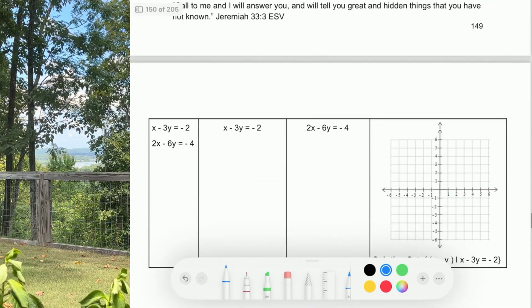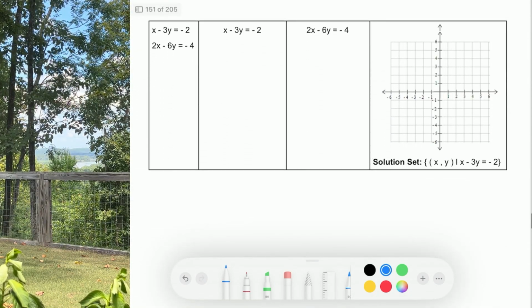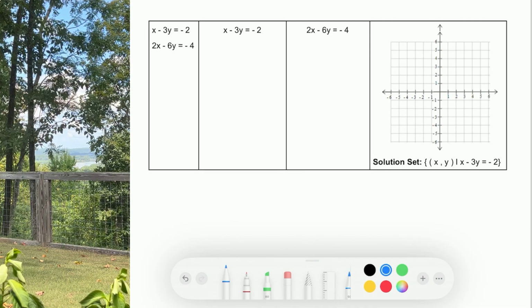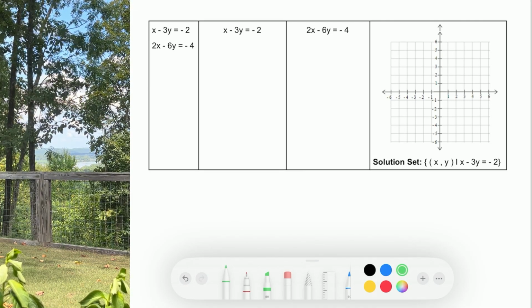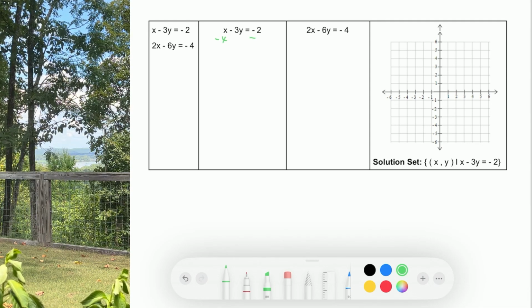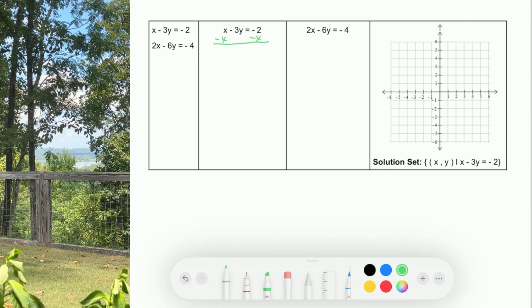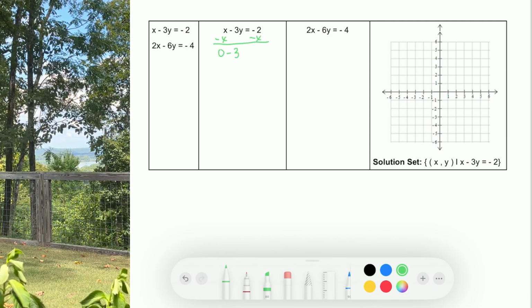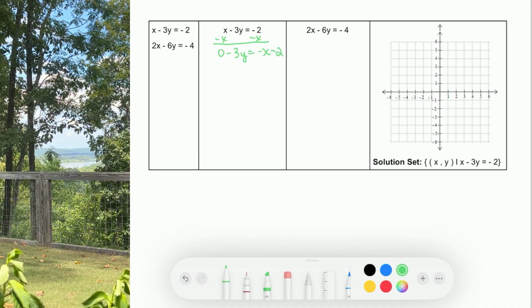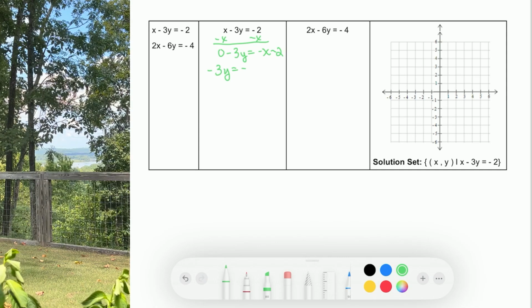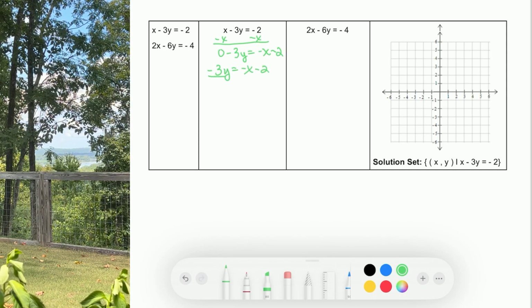All right, let's look at this special system. So I'm going to start with the x minus 3y equals -2. Solve for y. So minus x, minus x. I end up with 0 minus 3y equals -x minus 2. Divide everything by -3.